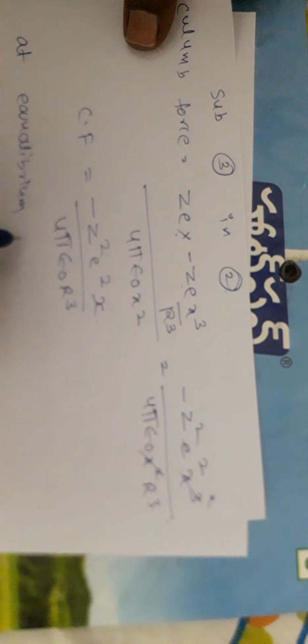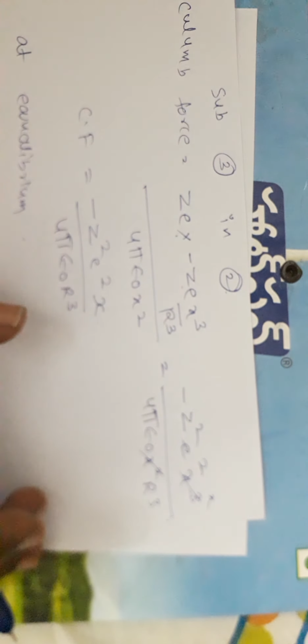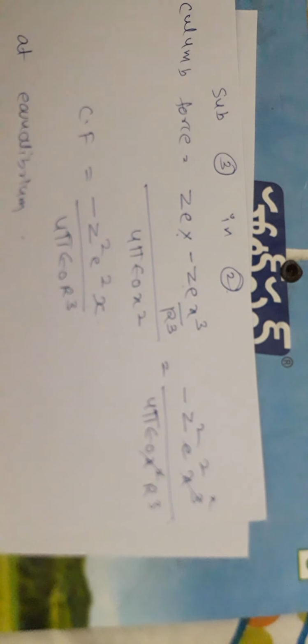So due to the Lorentz force, the two charges are separated. Due to the attractive force, they try to come towards each other, so that finally they reach the equilibrium state. At equilibrium, these two forces are equal.